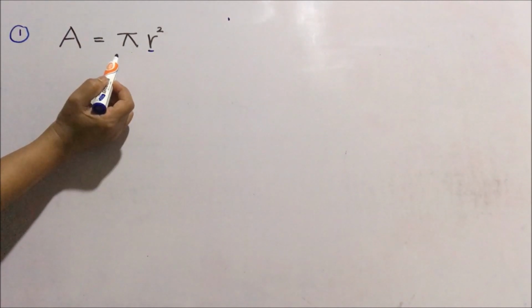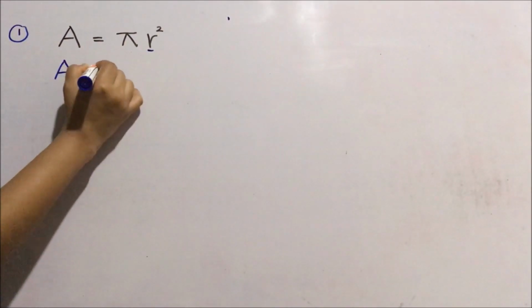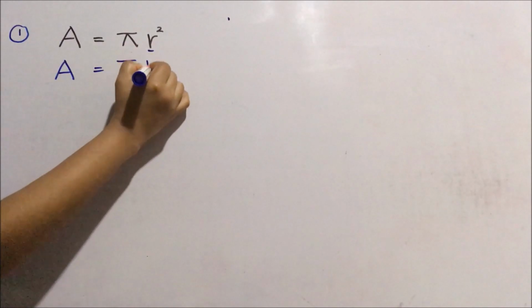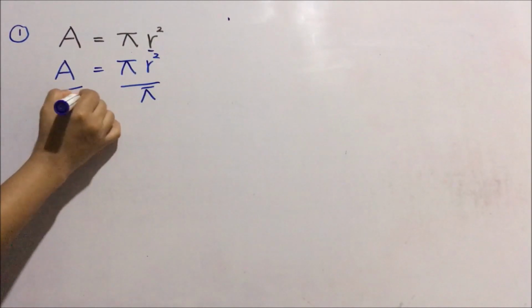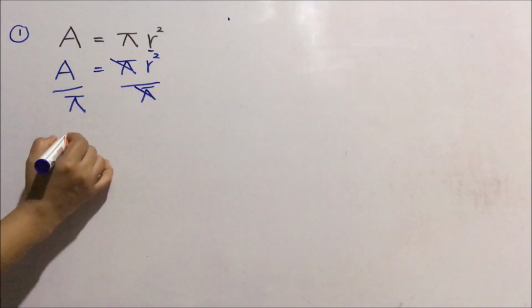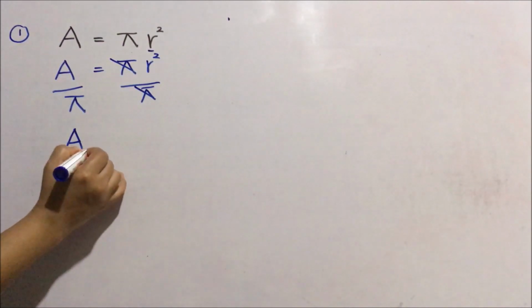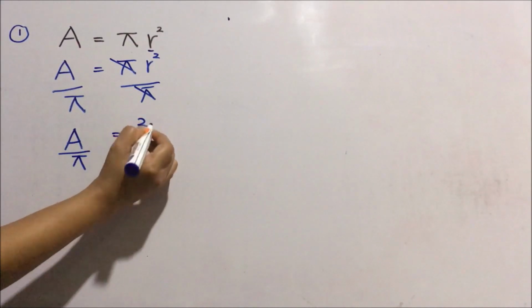The opposite of multiplication is division. Now we divide both sides by 5. Then the 5 cancels, and A divided by 5 equals r squared.